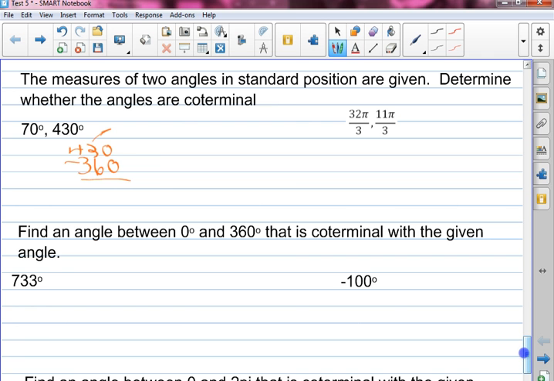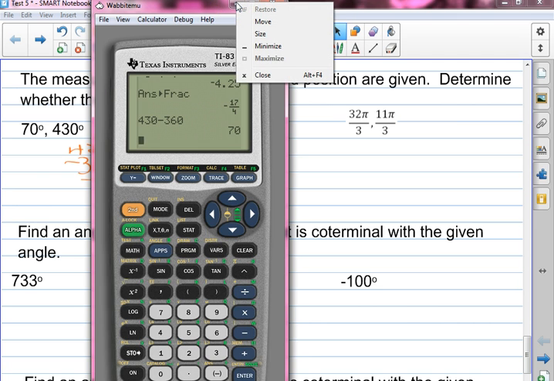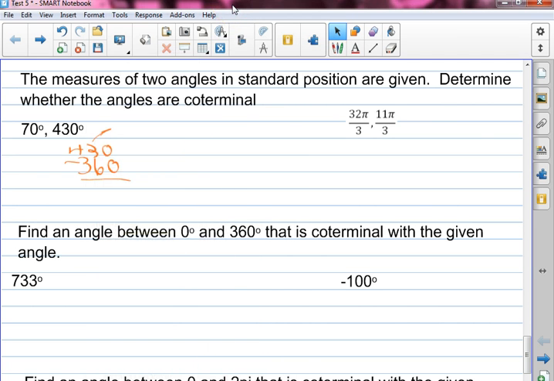So 430 minus 360 is equal to 70 degrees, so they are coterminal. So the answer is yes, coterminal.